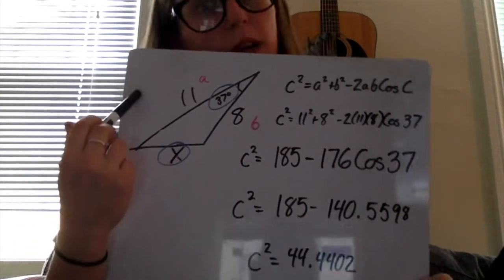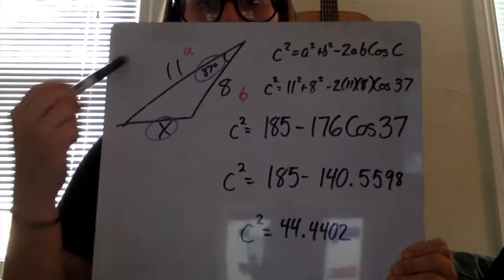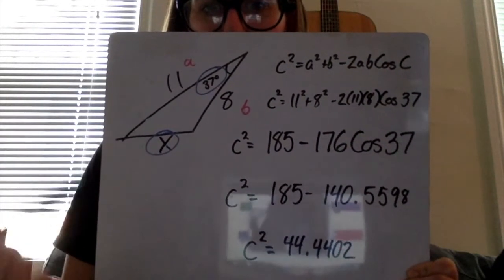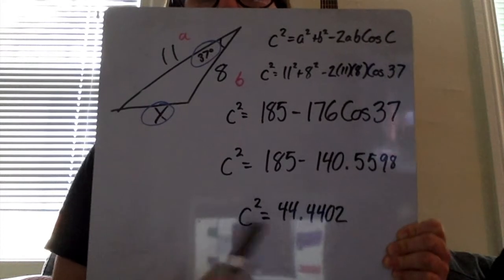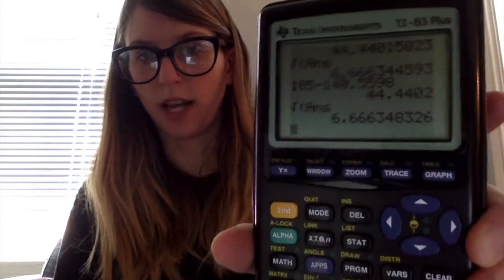The bigger the angle, the bigger the opposite side. So it would not make sense for x to be bigger than 11. So then I'm going to take the square root of both sides. And I'm going to get, when I round, 6.67.